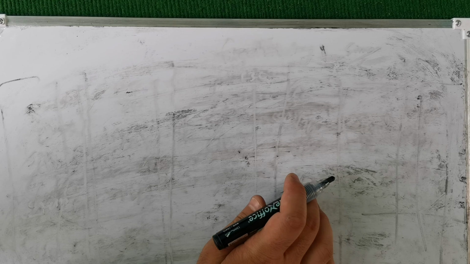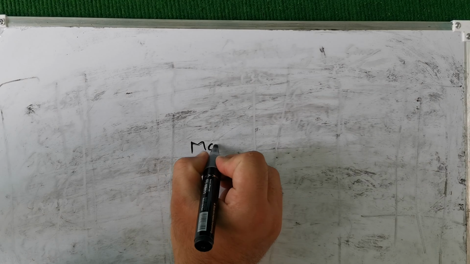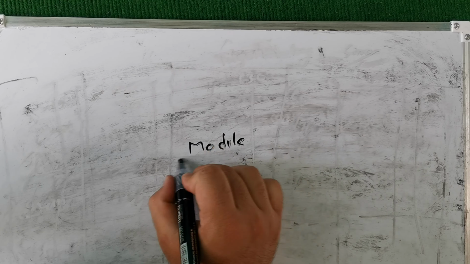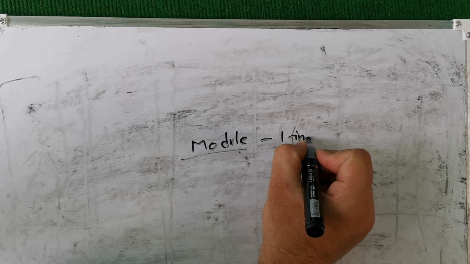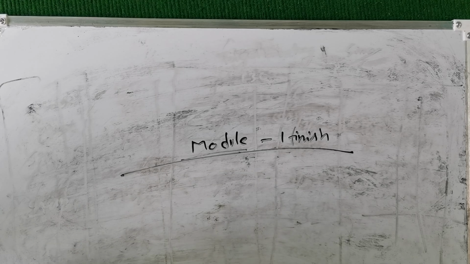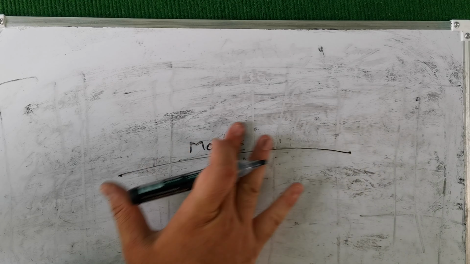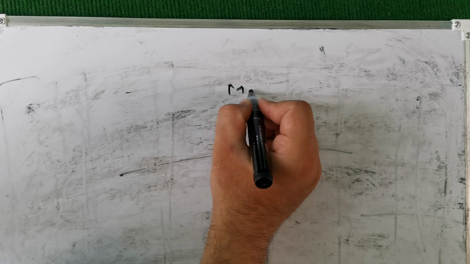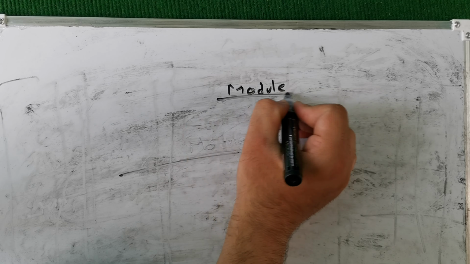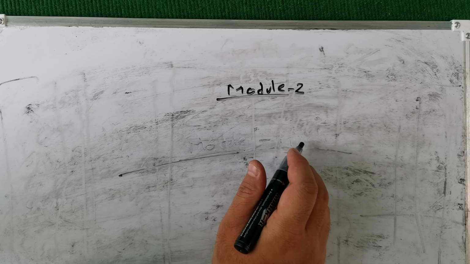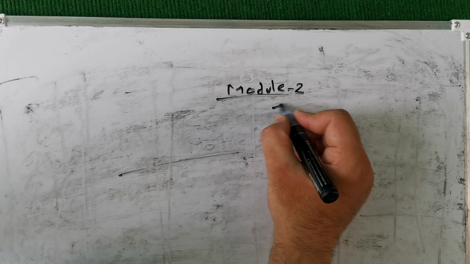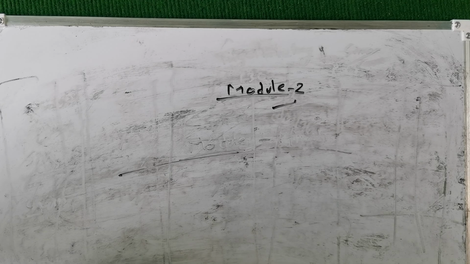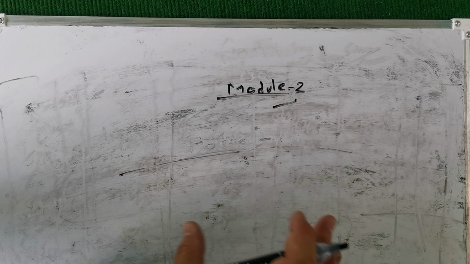Okay, now module 1 finish. Module 1 finish. Okay, this much for today. From tomorrow onwards we will study module 2, and in this week we will finish module 2, and after this we will go for module 3.